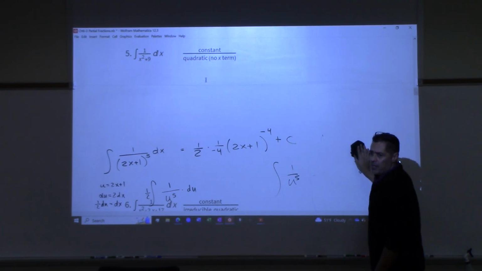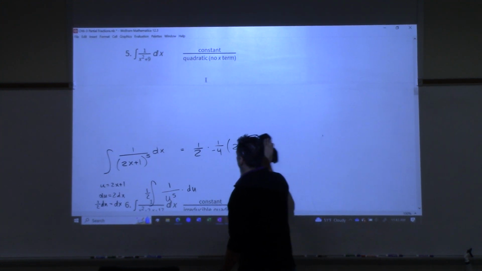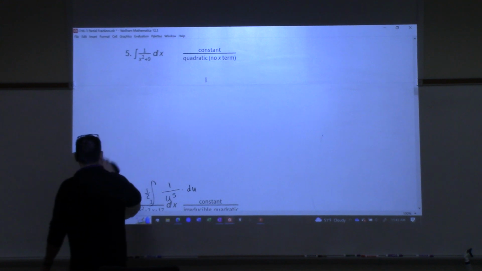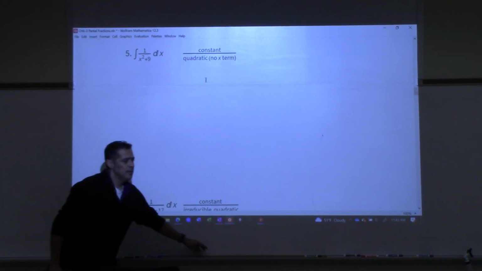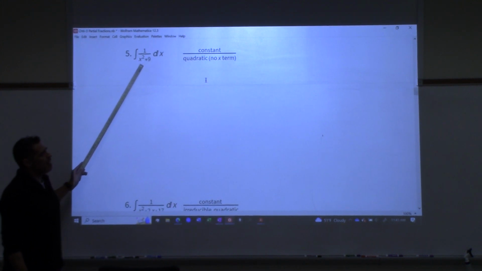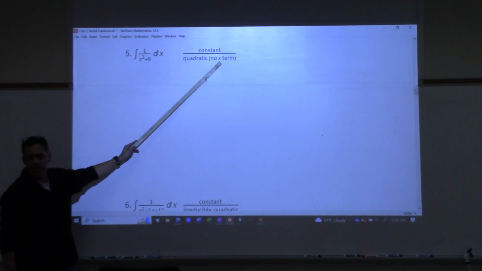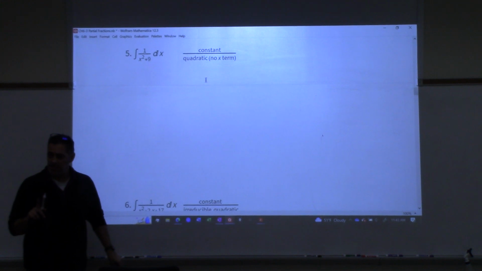So on top we have a constant, right? And on the bottom, look at what we have. We have a quadratic, right? Constant on top, quadratic on the bottom. And that quadratic is missing an x term, right? You have x squared and you have a constant, but you don't have an x there, do you?